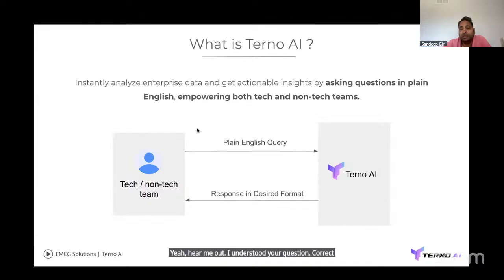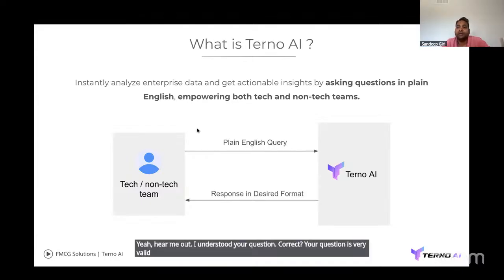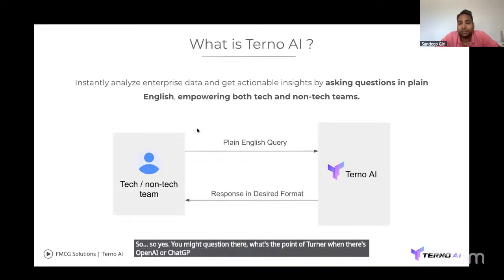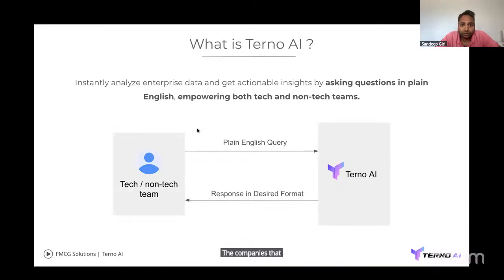Your question is very valid, and it's a very important question for everyone. You might ask, what's the point of Terno when there's OpenAI or ChatGPT? I can just use that. The companies that use Terno are the companies which have their historical data.